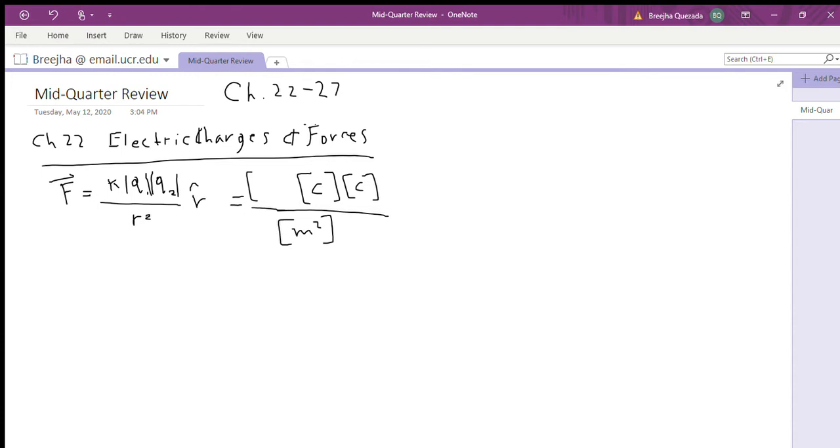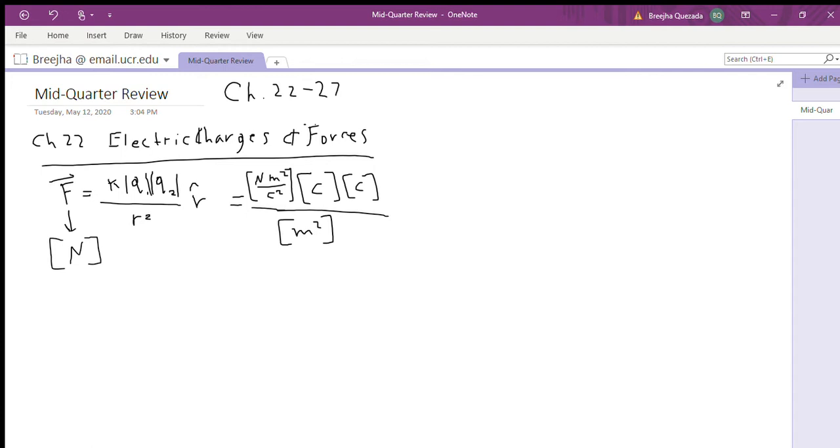And then we have newton meters squared per coulomb squared, and that's k. So all of these units end up canceling out to make force have a base unit of newtons, right?